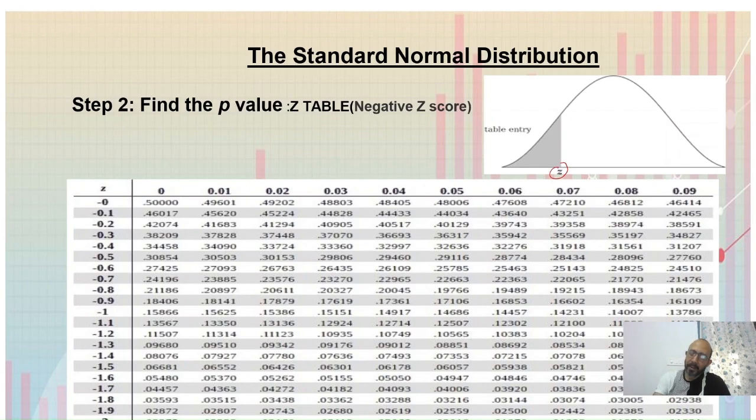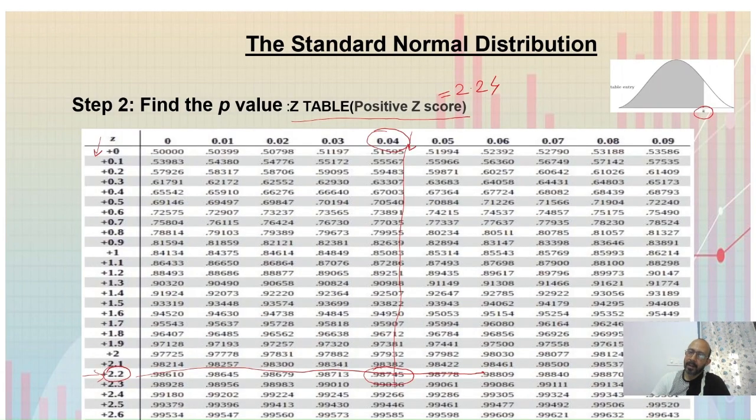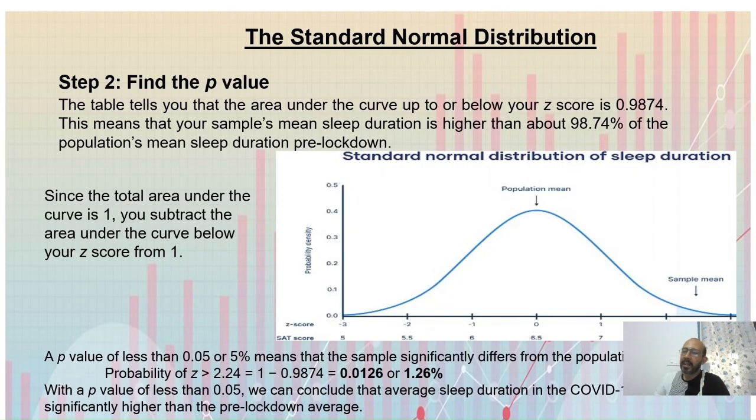But our z-score value is 2.24. So we have referred to the positive z-score table. The table tells us that the area under the curve up to or below our z-score is 0.9874.